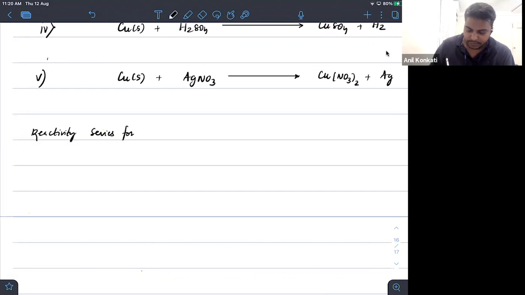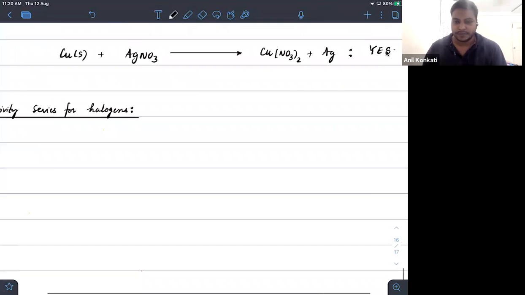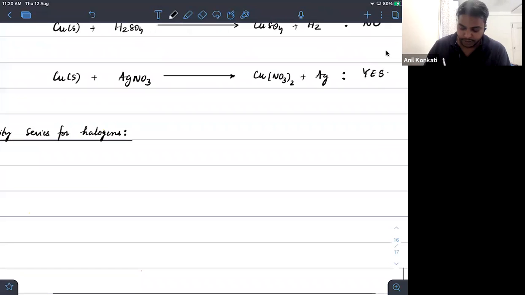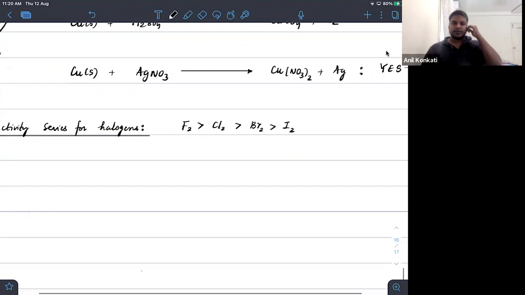for halogens, halogens means when it comes to fluorine, chlorine, bromine, and iodine, F2 is more reactive than Cl2, then Br2, then I2. This is how the reactivity would be.